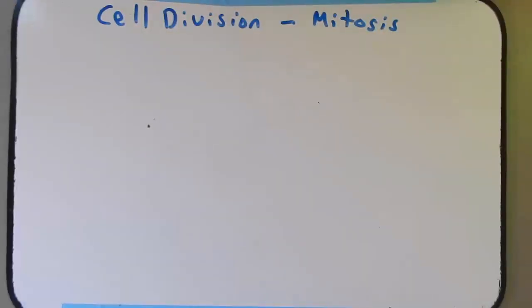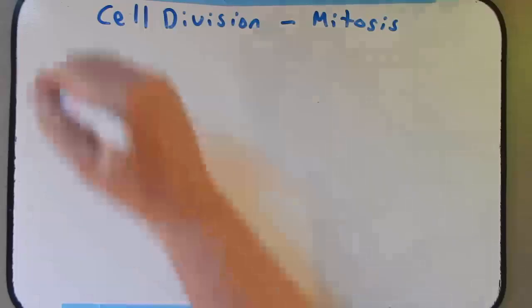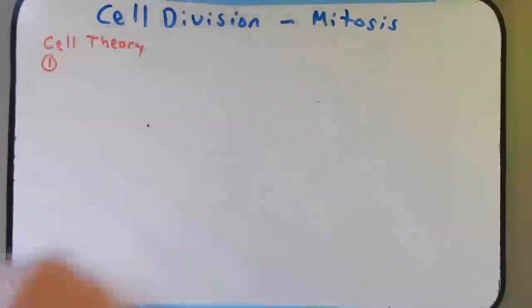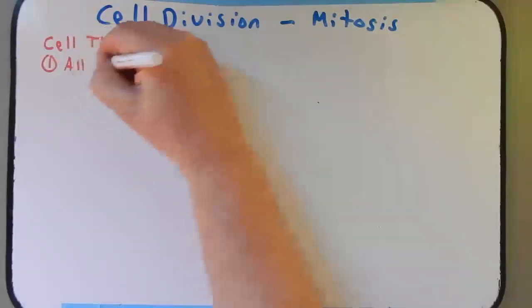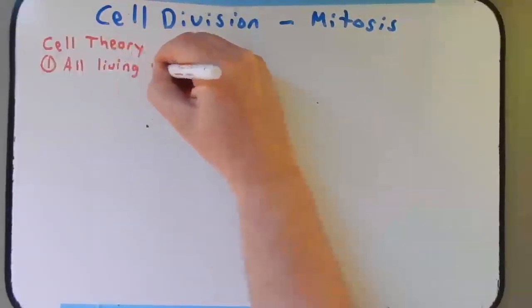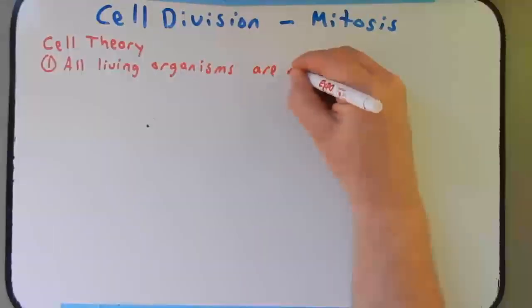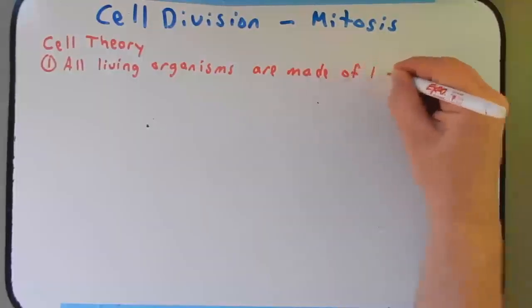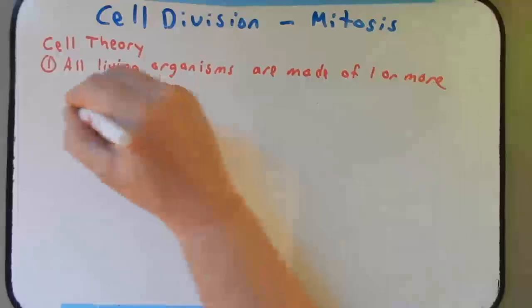Before we get started though, I wanted to spend just a little bit of time revisiting the cell theory. The cell theory can be described by these three tenets. The first is that all living organisms are made of one or more cells.